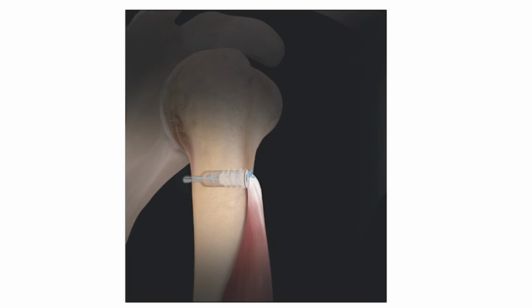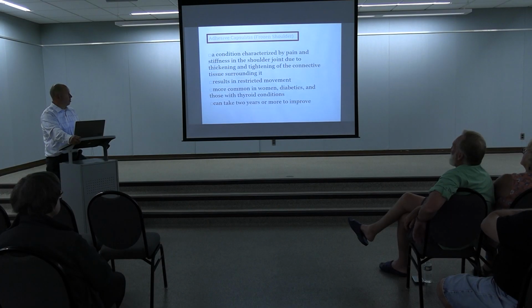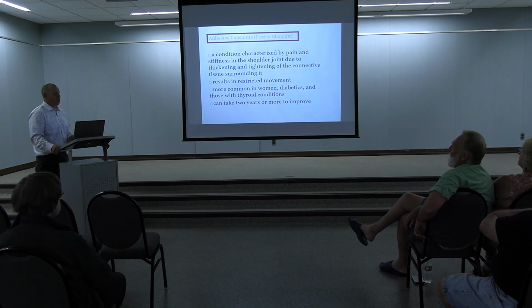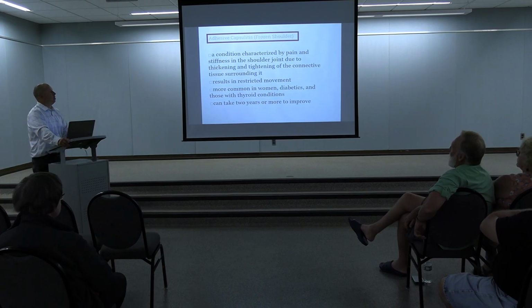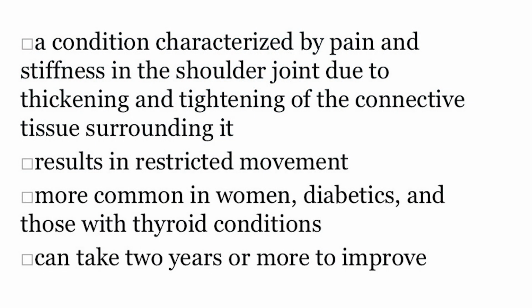Next condition is often called a frozen shoulder. Technically, it's called adhesive capsulitis. It's a condition that's characterized by stiffness and pain in the shoulder due to thickening and tightening of the capsule that surrounds the glenohumeral joint. It results in restricted movement.